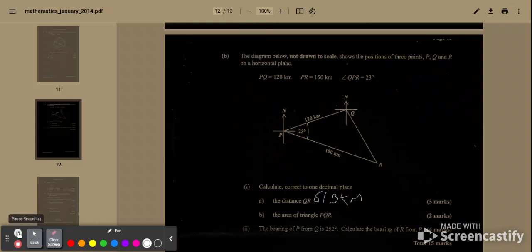Now, the second part of the question states they want us to find the area of triangle PQR.